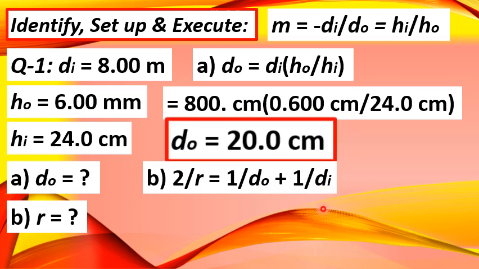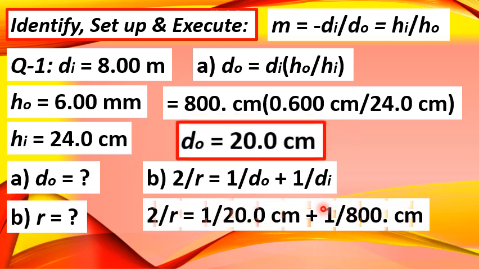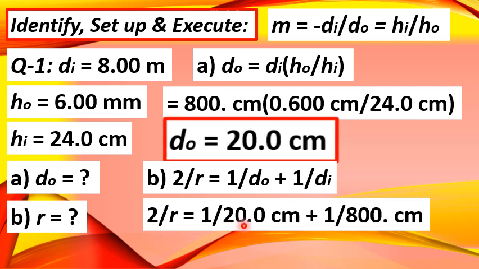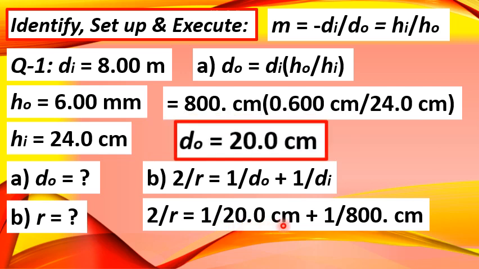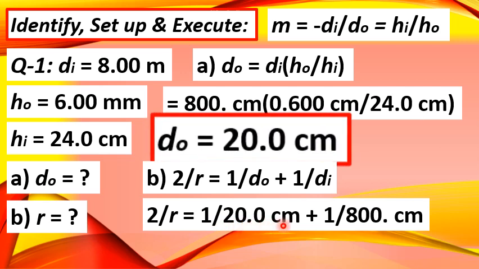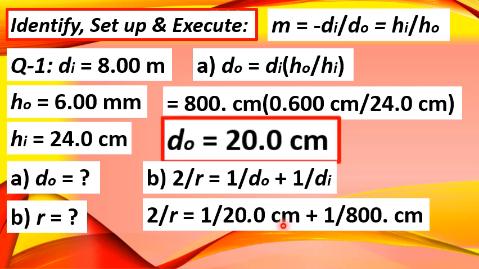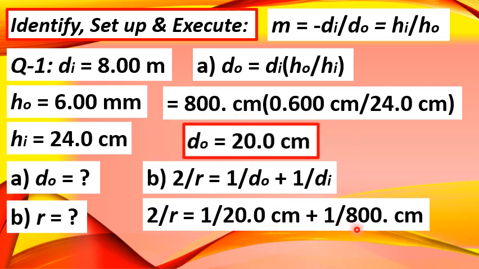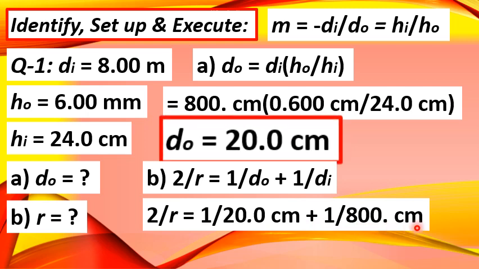Plugging in the quantities, we have 2 over r equals 1 over 20.0 centimeters, our computed object distance, plus 1 over 800 centimeters.